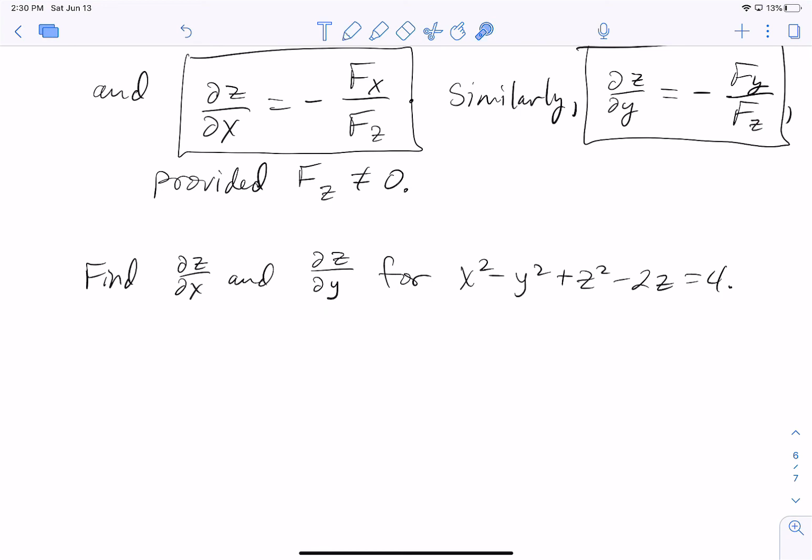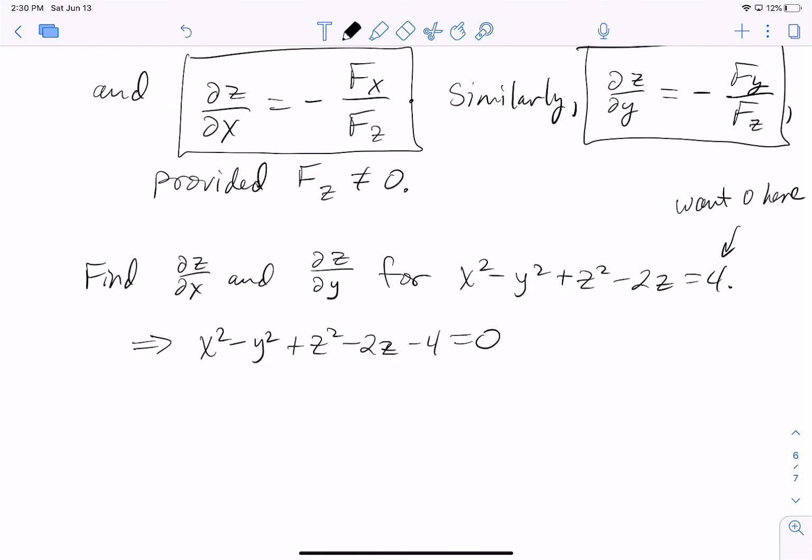We may know right away that this equation doesn't have a 0 on one side, and we want to have a 0 on the right-hand side, or on some side. We actually don't care if it's on the right-hand side or the left-hand side, do we? Anyway, that means that we're looking at x squared minus y squared plus z squared minus 2z minus 4 is equal to 0.